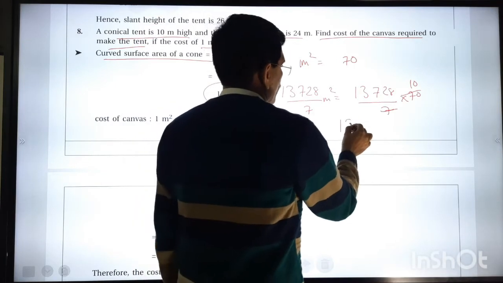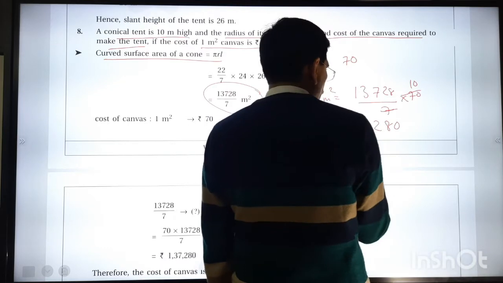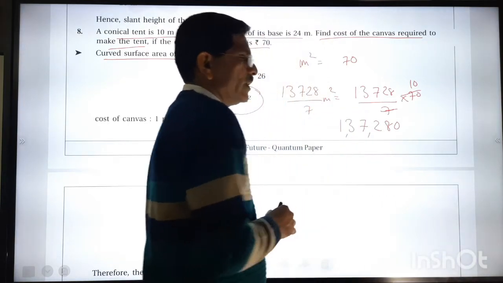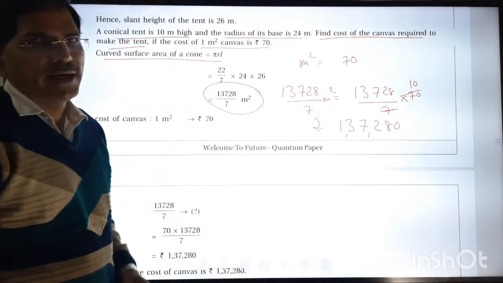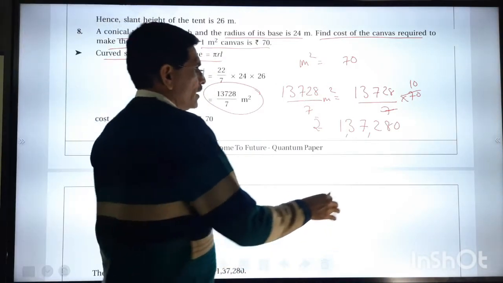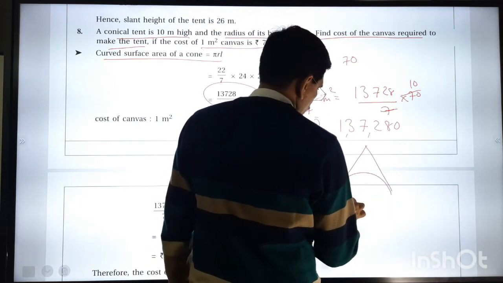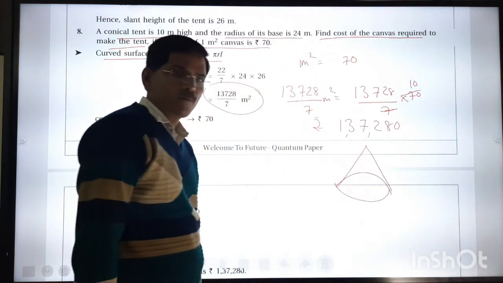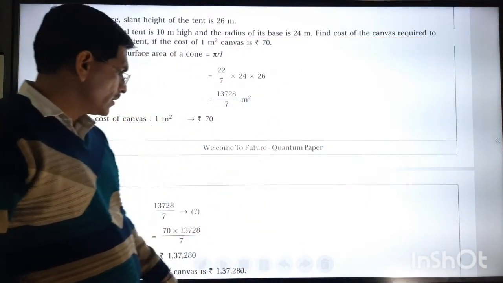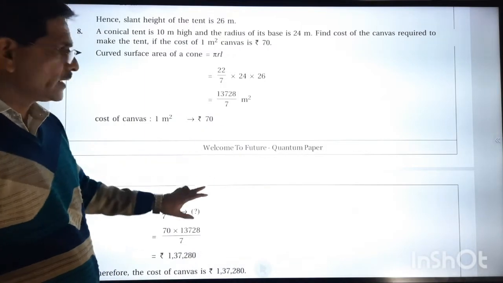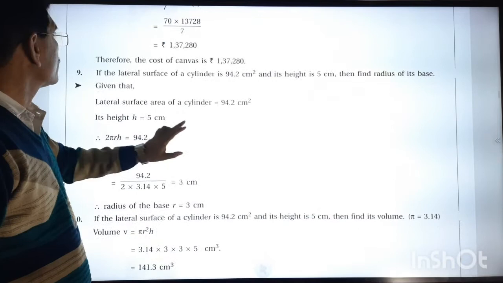That is 13,728, so 1,37,280 rupees is the total cost of a tent. But the tent must be in a conical shape, that we have to remember. Clear? So one type of revision we are doing. It is better that you concentrate on each sum, write each sum properly, then we can get the proper answer.